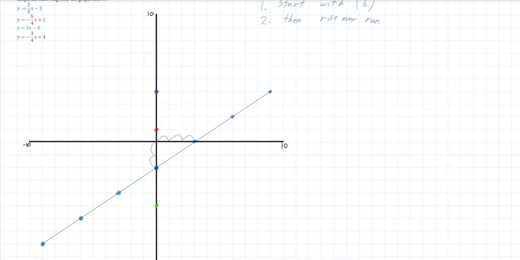The red one, we're going to go down by 5, so 1, 2, 3, 4, 5, and then over to the right by 4, 1, 2, 3, 4. Do it again. Then we do it the other way.